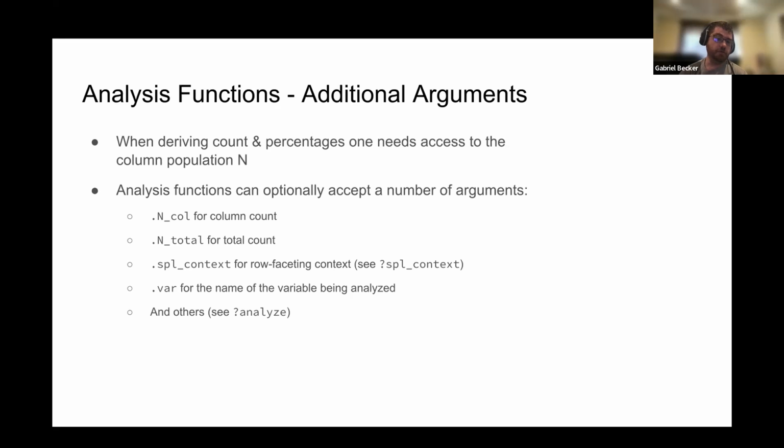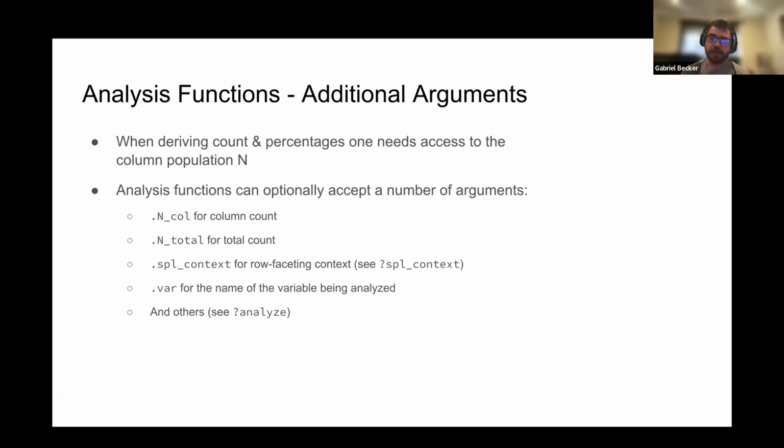So if you think that you're going to need the column total, you just make your analysis function accept .N_col. Ultimately that gives you the total for the column you're in, and so that allows you to, for example, calculate percentages out of the column total within your analysis function.